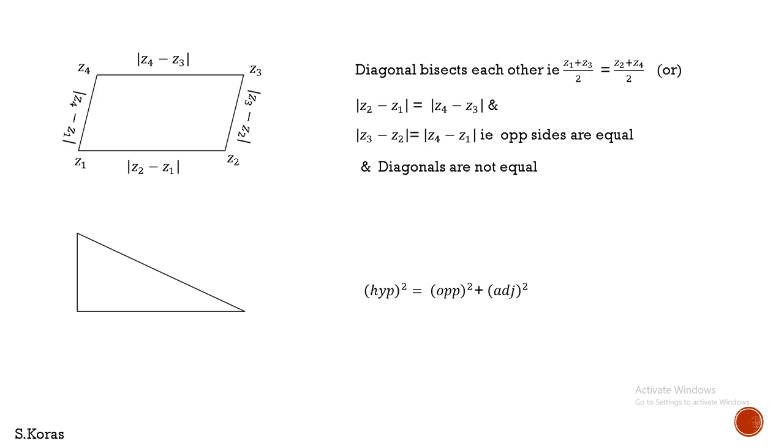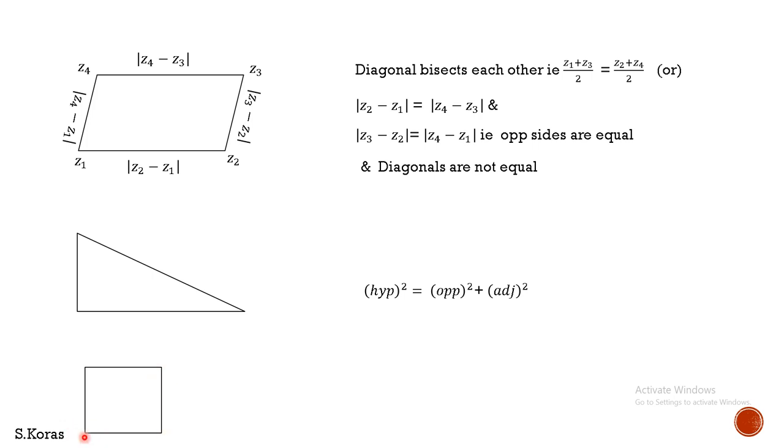Right. Moreover, sometimes we have to prove this is a square. Then the same logic you can follow. Opposite sides are equal to one another. Since it is a square, all the 4 sides will be equal. So all you have to prove for a square is all the 4 sides are equal, and these 3 points form a right angle triangle.